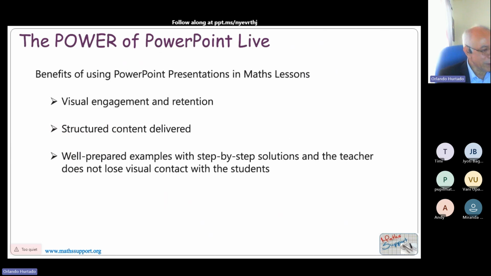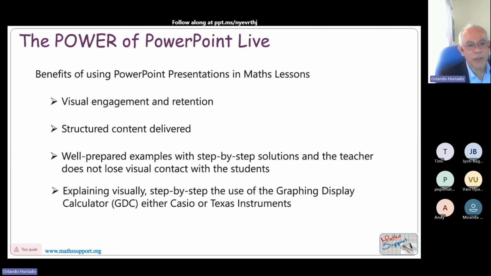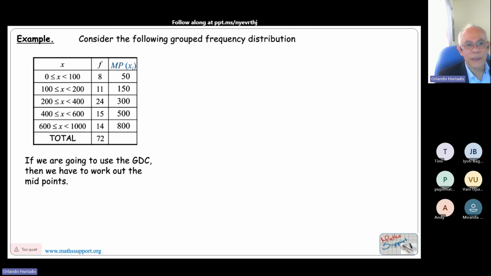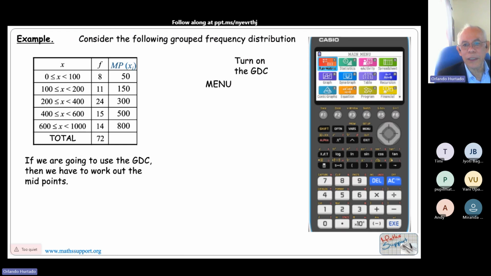Another of the benefits of using the PowerPoint presentation is explaining visually step by step by using the graphing display calculator. In our presentation, we are explaining not only with the Casio calculator. This example, for example, uses the Casio FX-CG50 calculator, right?